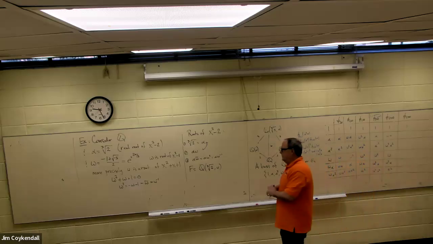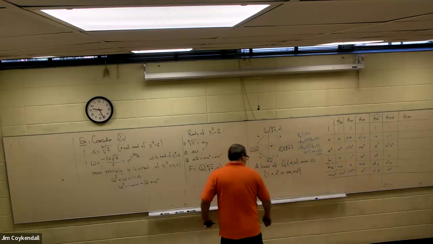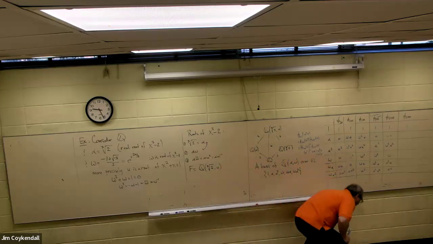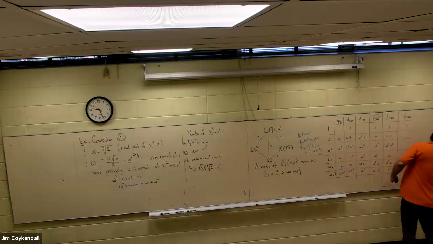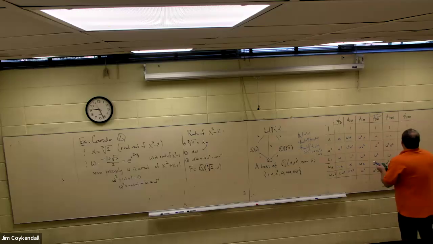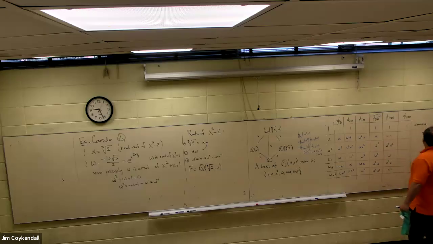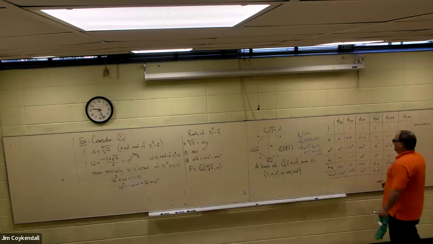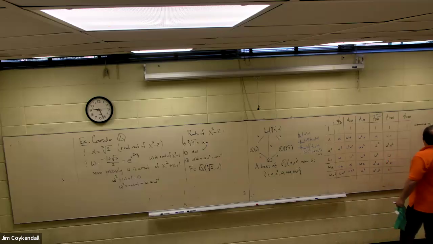Now, what happens in this one is, I do have a little bit of room here on the right. I think I can put something here. Notice for this one right here, what happens is alpha goes to omega alpha, and omega alpha goes to omega squared alpha.